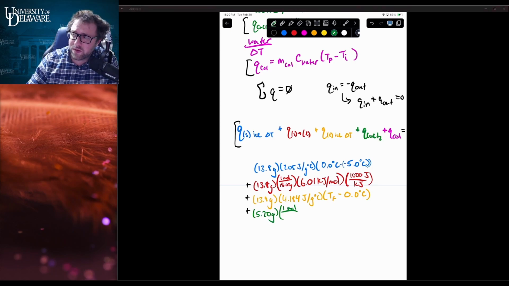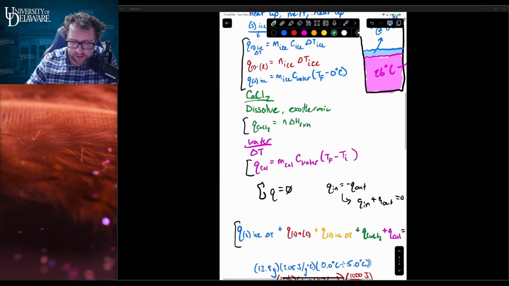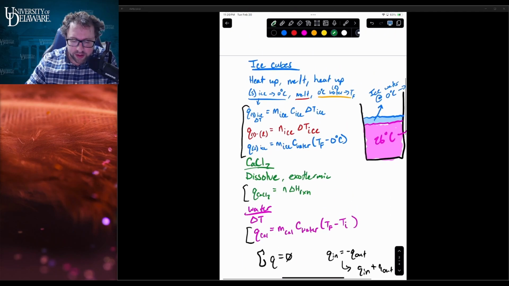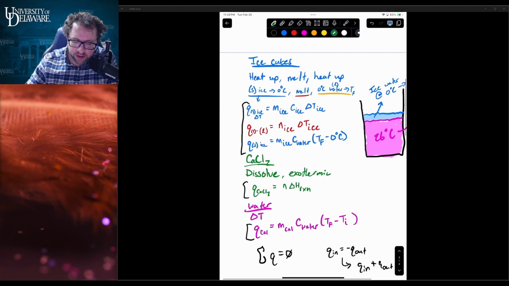We are going to quickly, off to the side, Google the CaCl2 molar mass, which is 110.98. That's going to be a small number, which is not surprising. Calcium and chlorine are both large atoms.